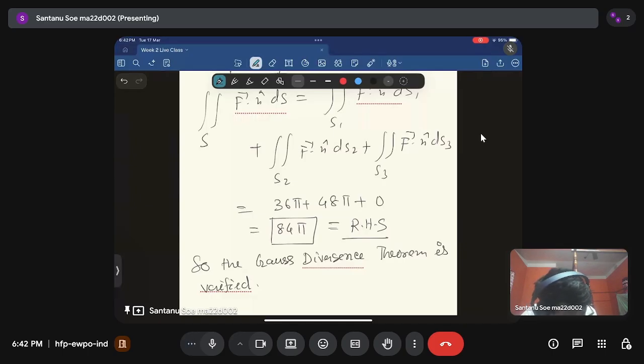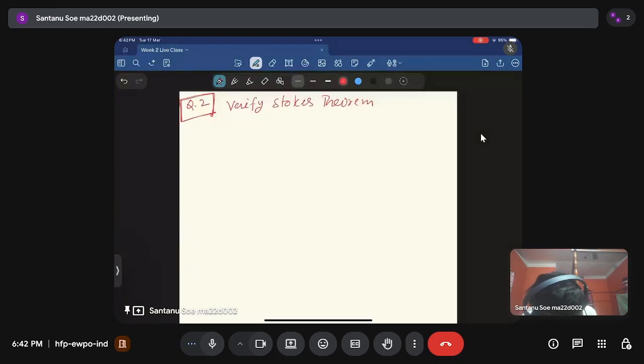Verify Stokes theorem for F equals 2x minus y i cap minus yz square j cap minus y square z k cap, and C is the circle x square plus y square equals to 1, corresponding to the surface of a sphere of radius 1.